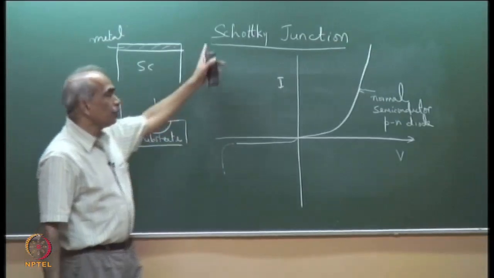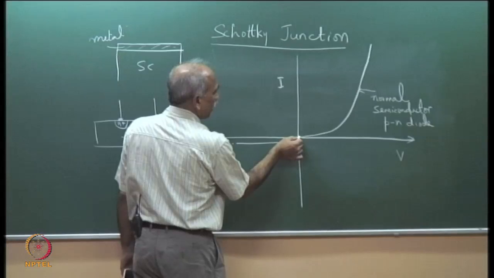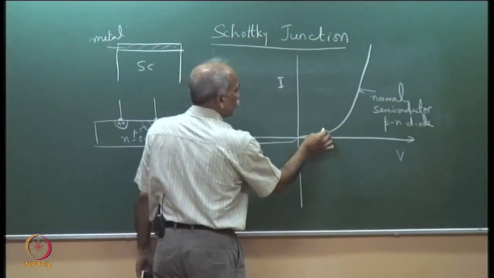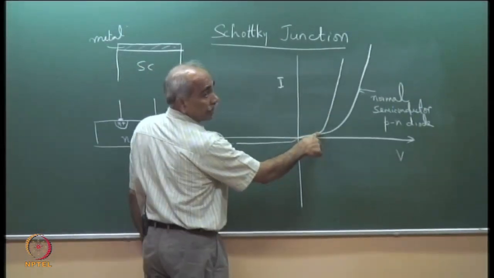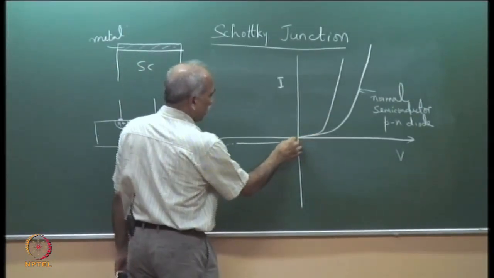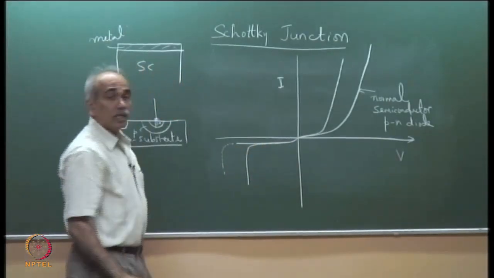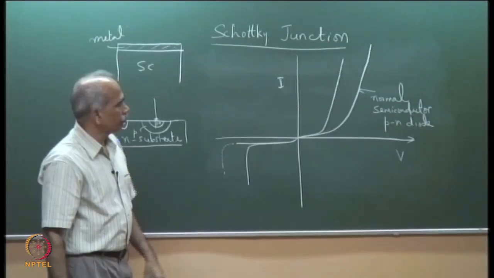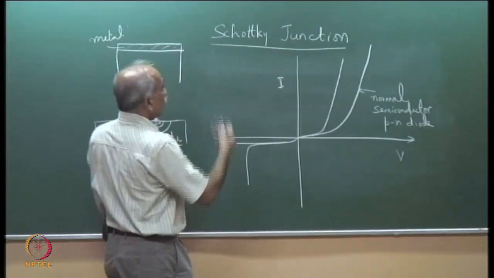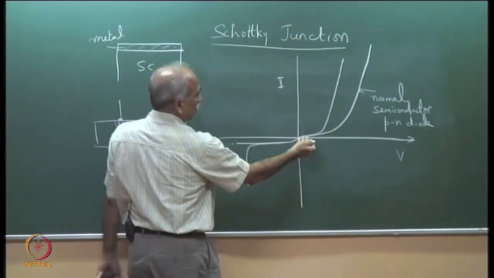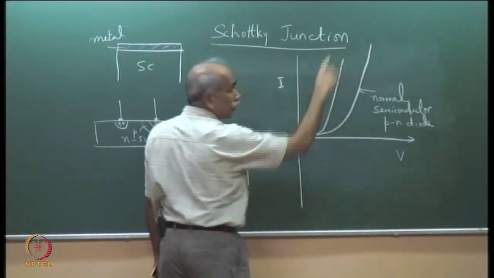We will see that when you make a Schottky junction, the characteristic, of course, depends on the kind of junction, but it starts to go up a little earlier, and similarly at the breakdown it tends to come down a little earlier. Why it happens, we will see. And what is an ohmic contact? As you can see, this is a rectifying contact because in the forward direction we have a good amount of current.